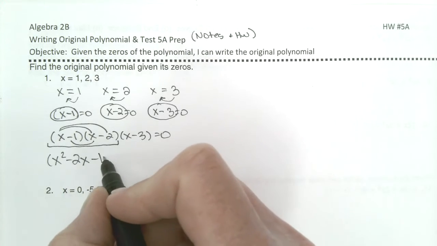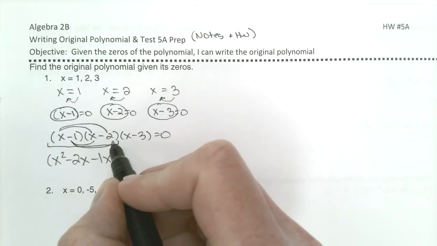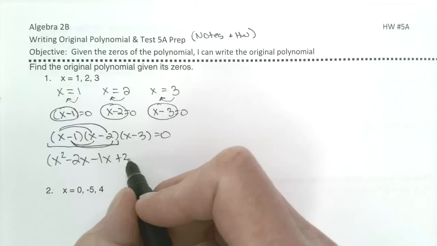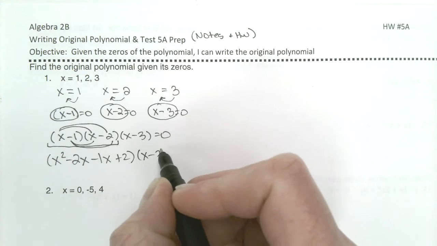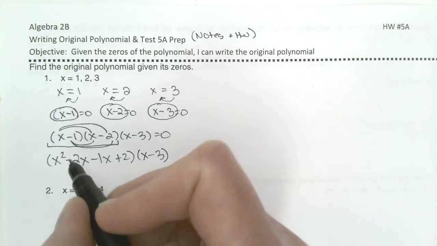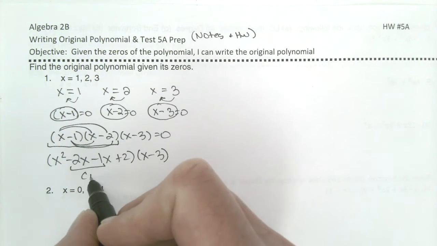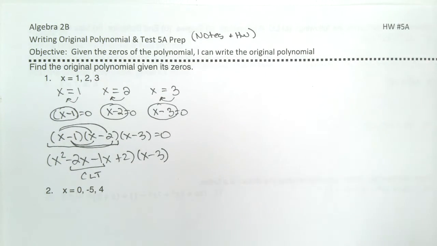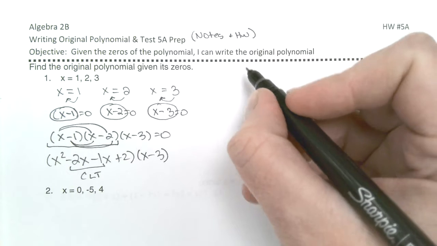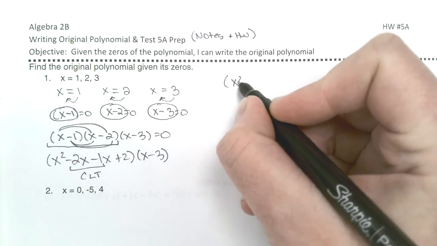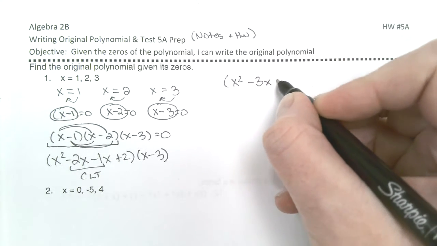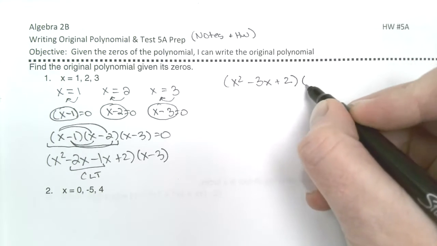Negative 1 times x is negative 1x. Negative 1 times negative 2 is plus 2. I'm going to combine like terms right there.